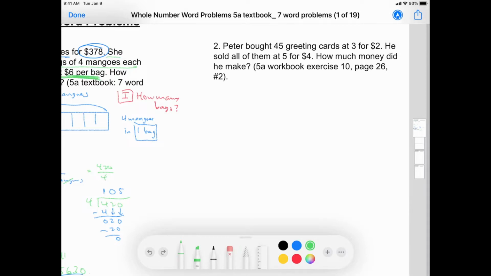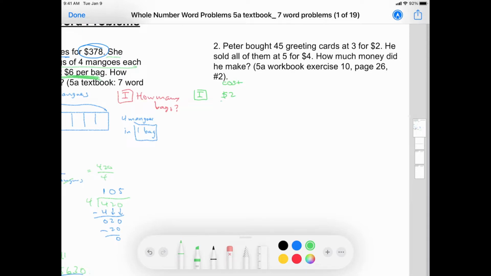Okay, so we have Peter here who bought 45 cards at 3 cards for $2. So when I think about this, I kind of want to know how much each card costs him, right? So he has $2, so this is cost.